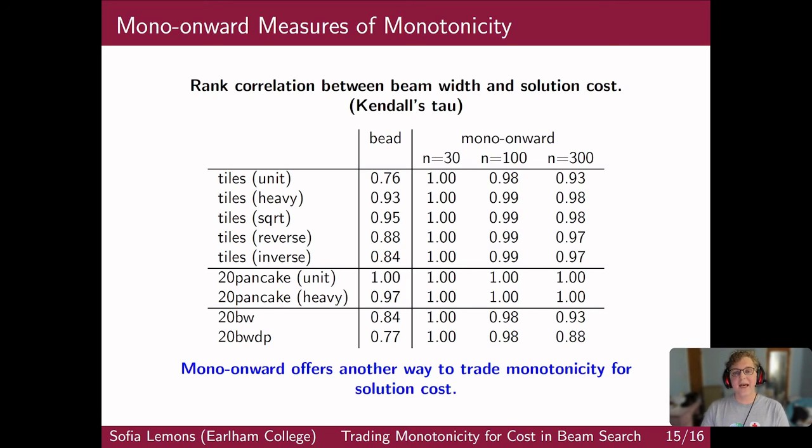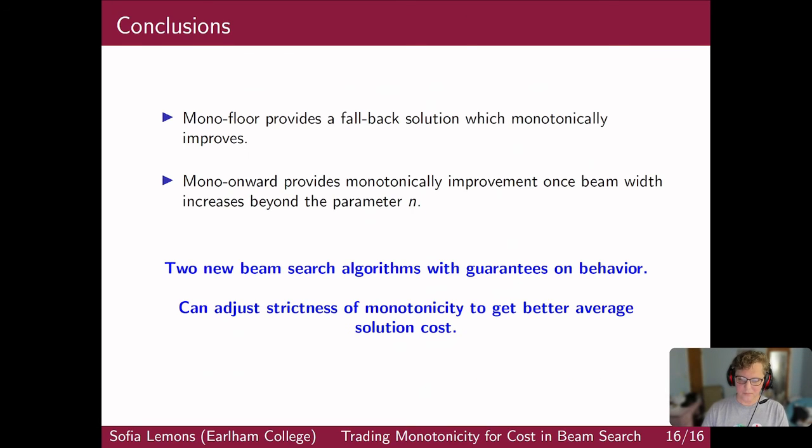But even at larger n values, such as 100 and 300, we saw rank correlations generally above 0.9 with an occasional dip to 0.8. So mono-onward offers another way to trade monotonicity for solution cost.